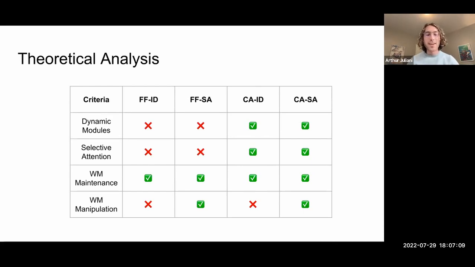Here we have the breakdown of the 4 model architectures by these 4 criteria. This is a theoretical expectation based on the presence or absence of the cross-attention or self-attention mechanisms. As you can see, the main takeaway is that without cross-attention, neither the ability to handle dynamic sets of modules nor the ability to selectively attend to the contents of those modules should be possible, or at least we expect performance to be degraded in these tasks.